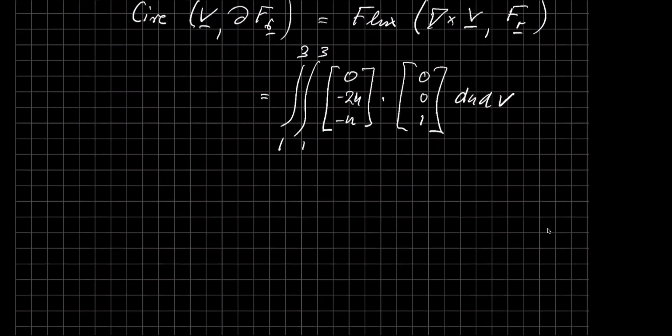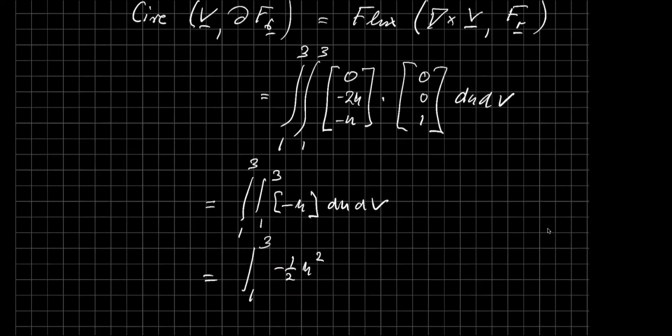So this is a double integral that I need to evaluate. So I get from 1 to 3, 1 to 3. And then the dot product here is simply minus u, du, dv. And this is equal to the integral from 1 to 3 of minus 1/2 u squared, taken between 1 and 3, and then dv.